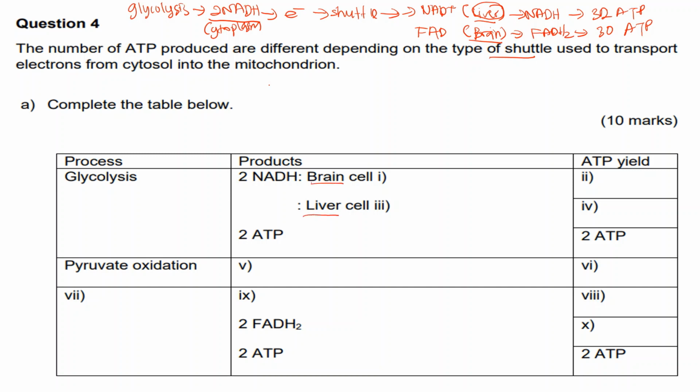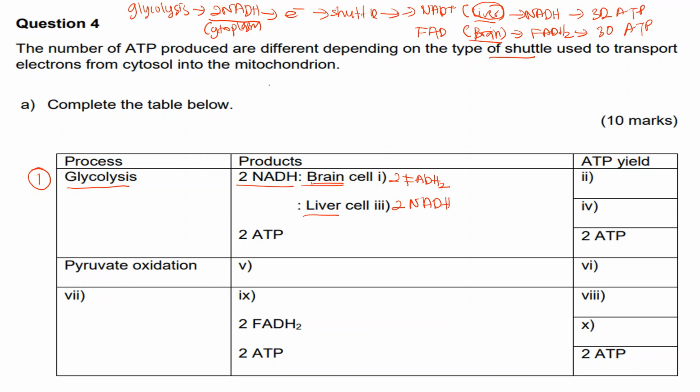As you know, glycolysis is the first stage of cellular respiration that occurs in the cytoplasm. For the brain cell, the two NADH produced will be converted into two molecules of FADH2. The liver cell will still maintain two molecules of NADH.